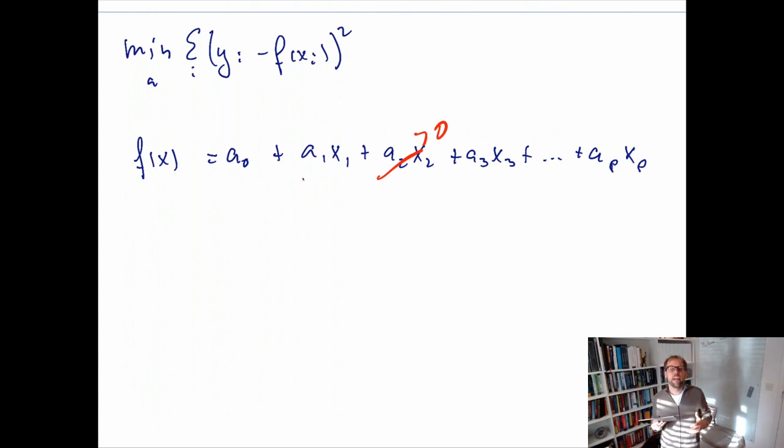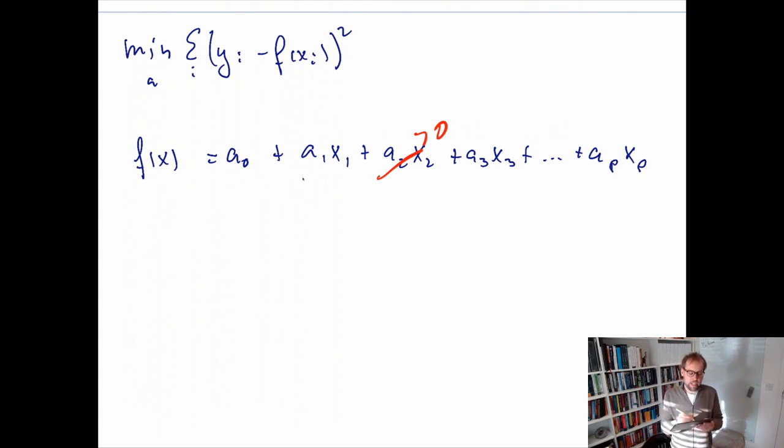So if I wanted a subset selection where I remove 3 predictors, all I'm doing is constraining my optimization to the condition that 3 of the a's must be 0. And this is just what subset selection does.